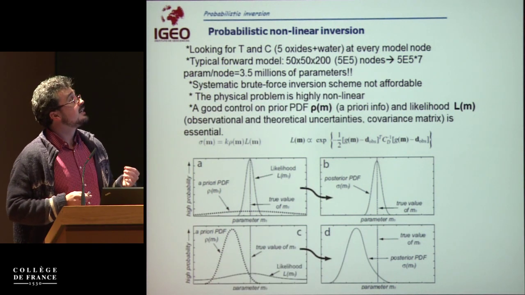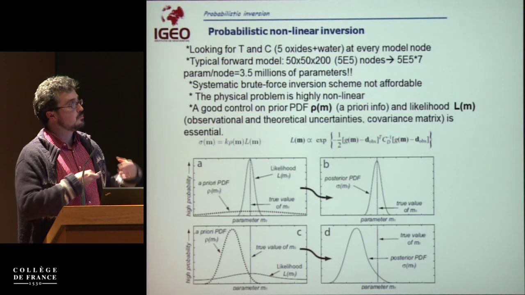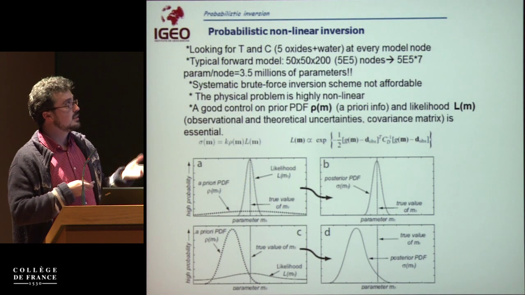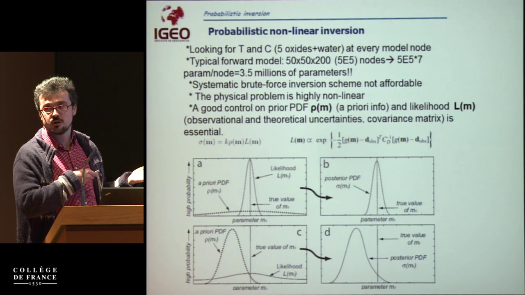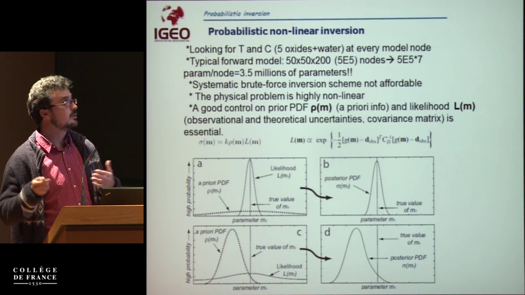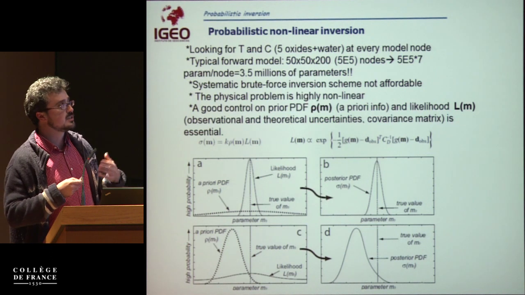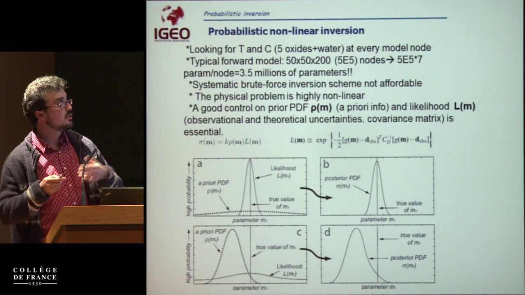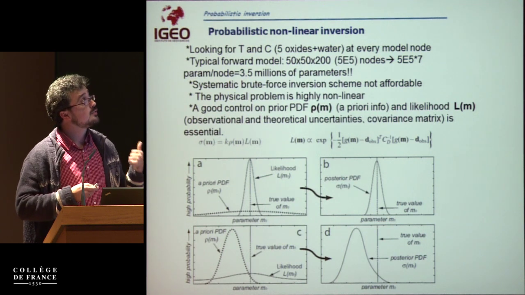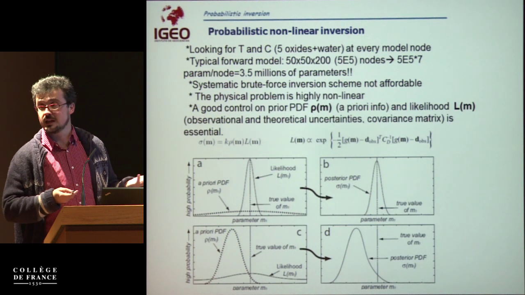So now our parameter space is going to be described by a posterior probability density function, the sigma here, which basically depends on the a priori or prior PDF, the information that we have about the system before any consideration of the data, plus a likelihood function, which tells you how good a particular physical model is in explaining your data, and that also contains very relevant information about the uncertainties in both the data and also the theoretical uncertainties.